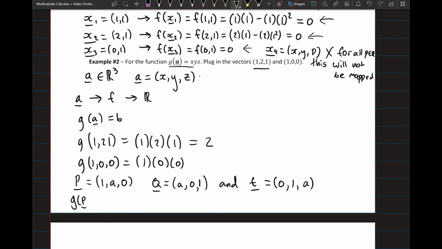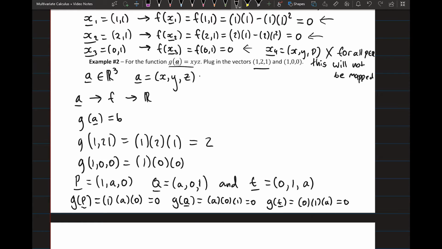So we put in the vector p into g, and we get 1 multiplied by a multiplied by 0, so we get 0. If we put q into this function, we get a multiplied by 0 multiplied by 1, which is 0. And g with the vector t is equal to 0 multiplied by 1 multiplied by a, which is equal to 0.